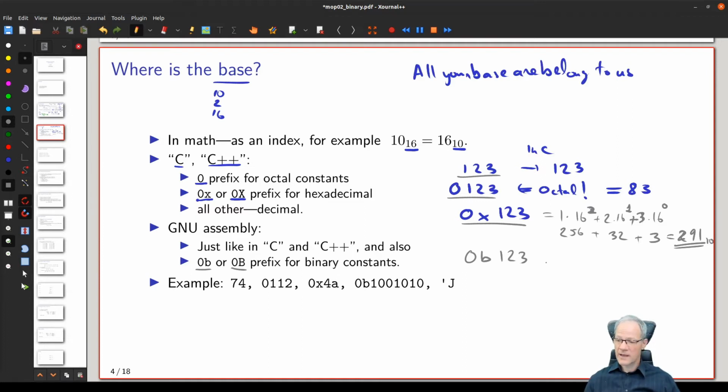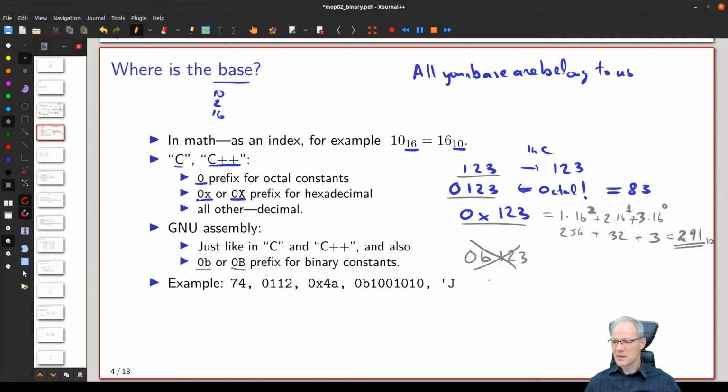Could we figure out what the value is? No, we could not. And why is that? We have only 0 and 1. Indeed, we only have 2 digits that we could use in this binary system, right? So therefore, this is a silly example.